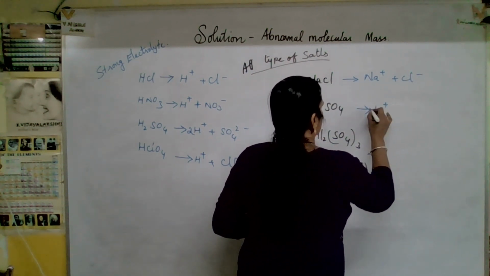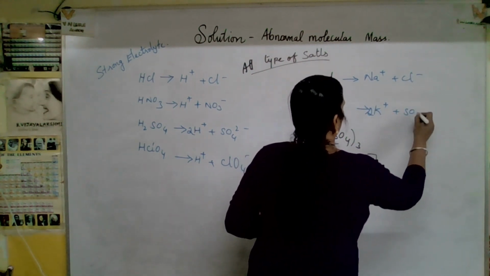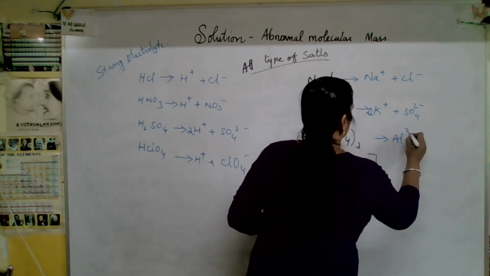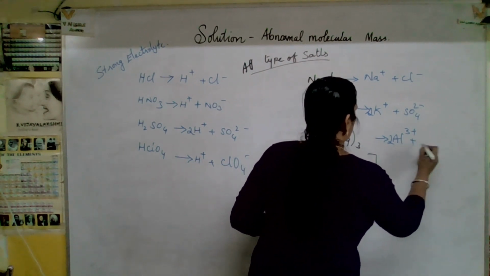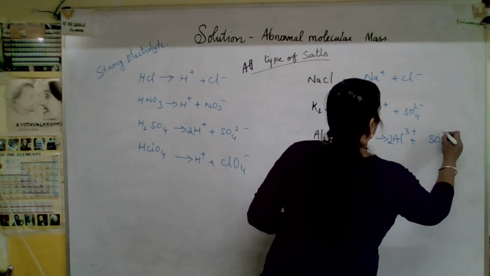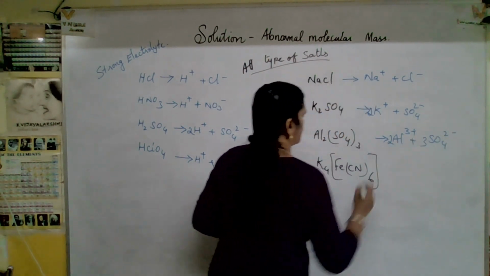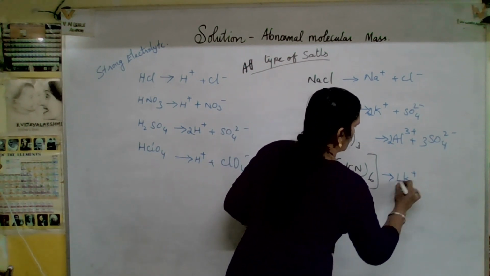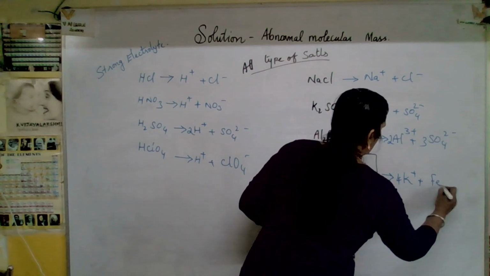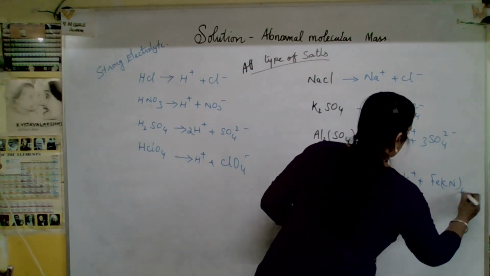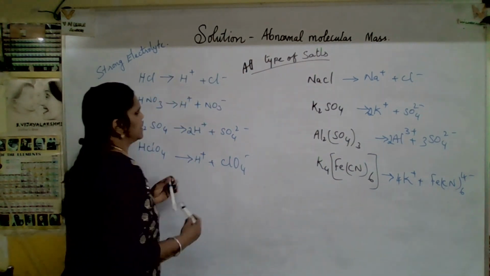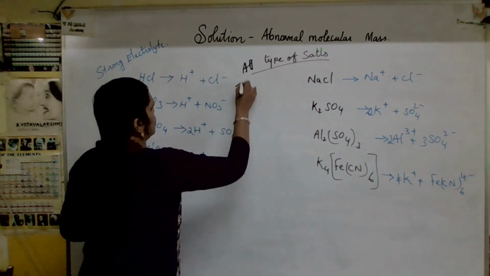K2SO4: 2K plus, SO4 2 minus. Al2(SO4)3: 2Al 3 plus, 3SO4 2 minus. K4[Fe(CN)6]: 4K plus, Fe(CN)6 4 minus. Now let us find the i value.